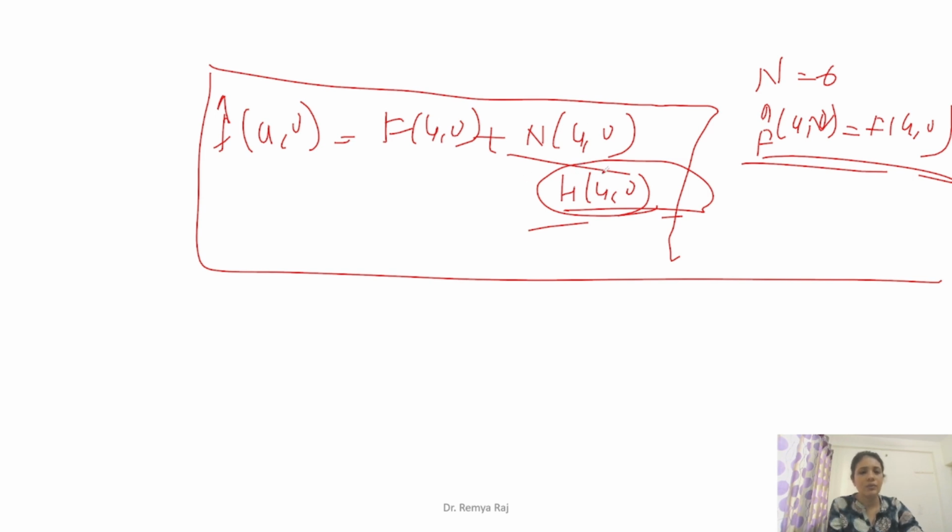When h of u comma v becomes small, n of u comma v divided by h of u comma v will dominate because of the presence of the noise.